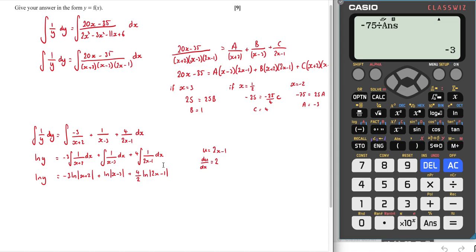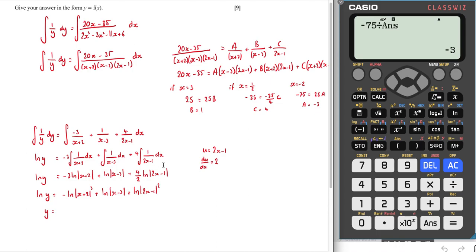So again, ln y is, let's combine these together, so I'm going to have minus ln of x plus 2 cubed plus ln of x minus 3 plus 4 over 2 is obviously 2, so I'm going to have ln of 2x minus 1 squared. Bring all those in, I'm going to combine the powers.